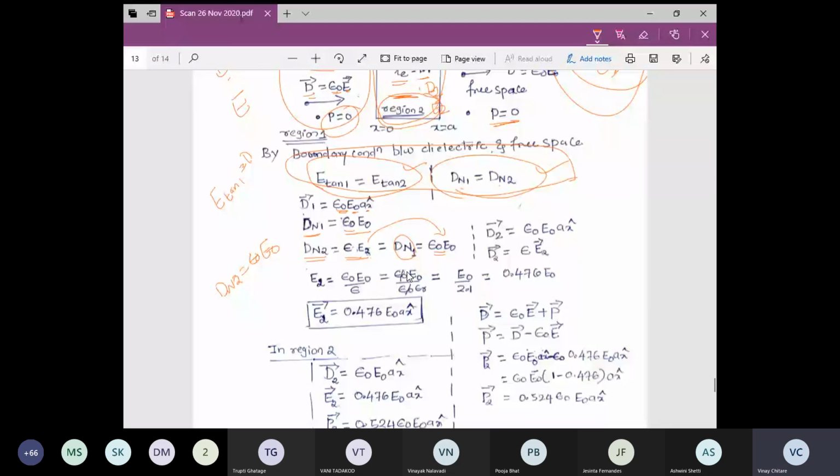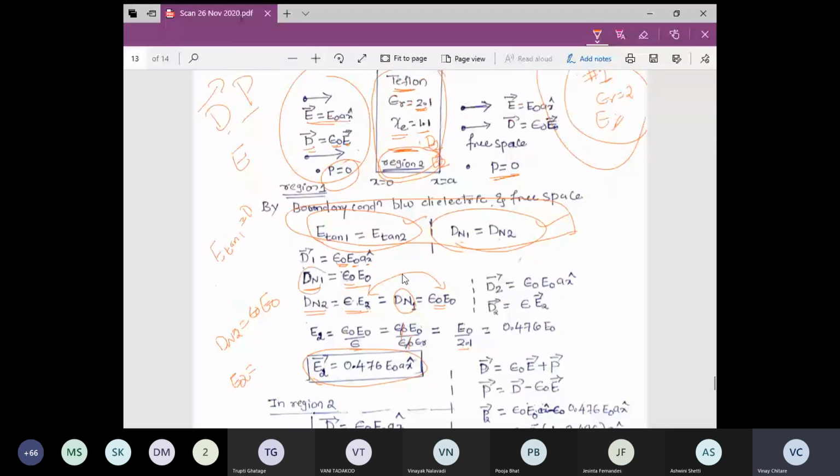From there, I can solve for E2. By making all those substitutions, as epsilon is nothing but epsilon naught times epsilon r, the epsilon naught cancels, and E2 is E naught divided by 2.1. Before that, I said Dn1 is equal to epsilon naught E naught because this itself is a normal component, since the interface is at x equal to 0, x equal to a.